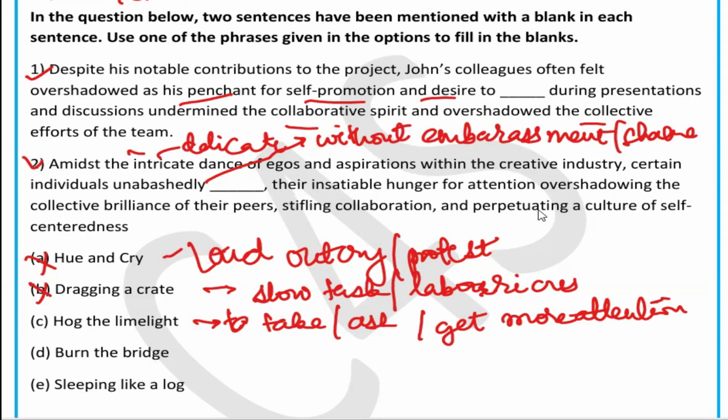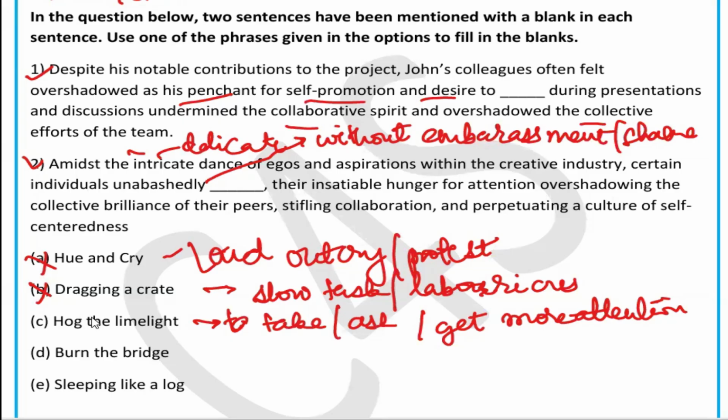Okay, and perpetuating means enhancing a culture of self-centeredness. So as you can see, both of the sentences demand the same thing. Both are talking about self-centeredness, seeking attention. So obviously this idiom is also suiting this sentence. This is the need of the idiom for this particular sentence. So we can select this.